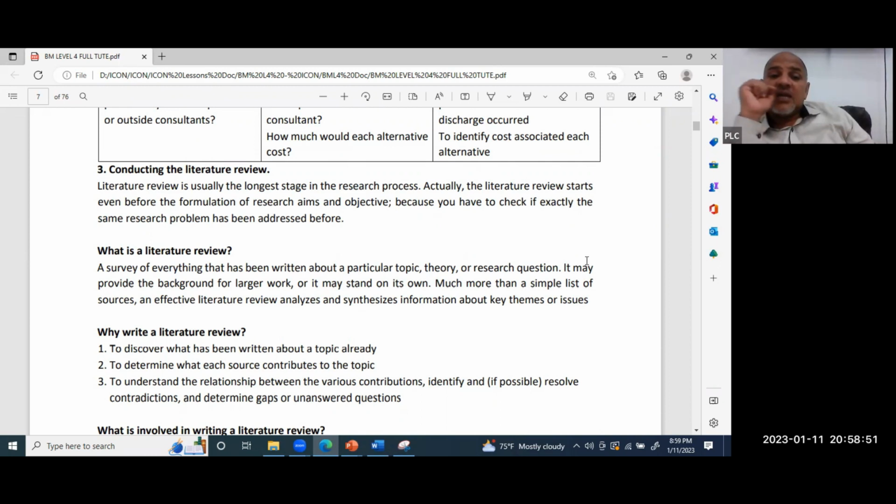So actually, what is the literature review? You have to bring textual evidences, theoretical evidences. You have to support the problem with theoretical evidences.